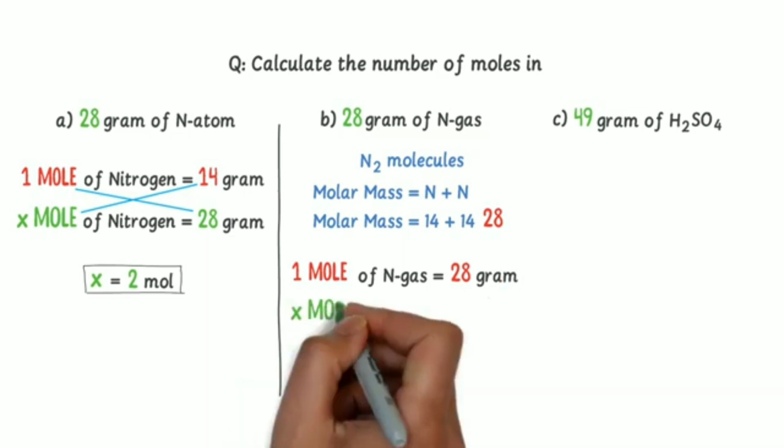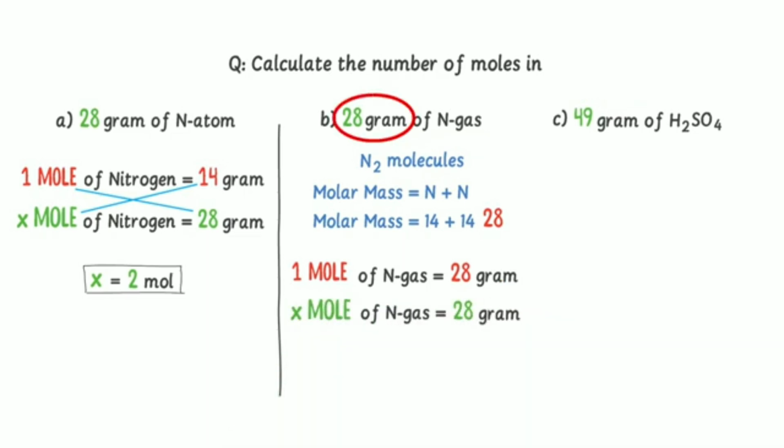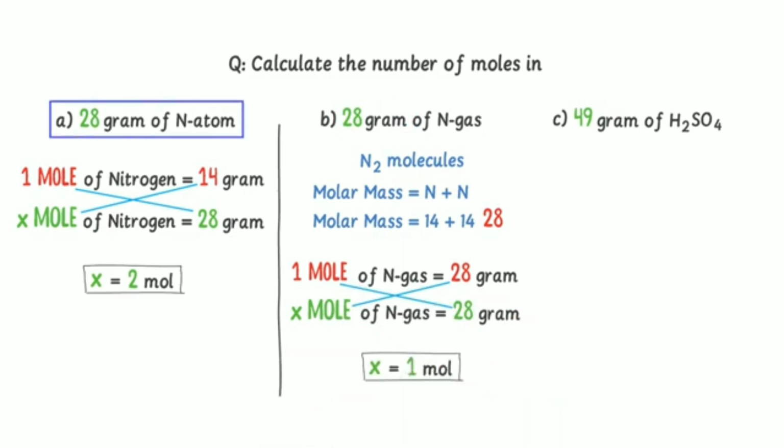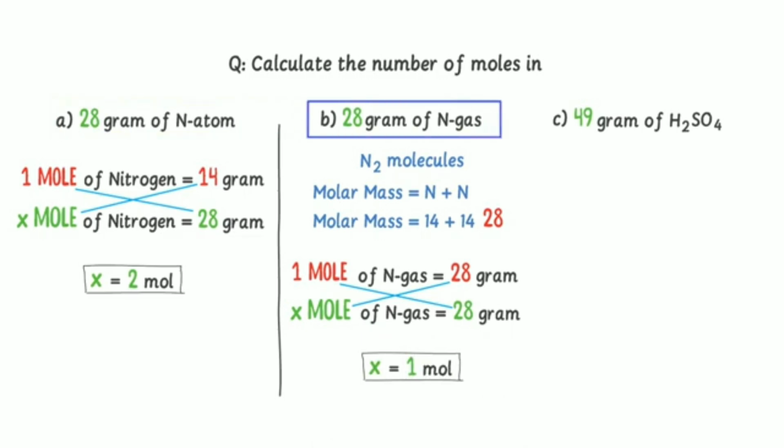Let there be X moles present in 28 grams of nitrogen gas. After calculation, I get 1 mole. Thus remember that in 28 gram of nitrogen atom, there are 2 moles of nitrogen present, while in 28 gram of nitrogen gas, there is only 1 mole of nitrogen gas present.